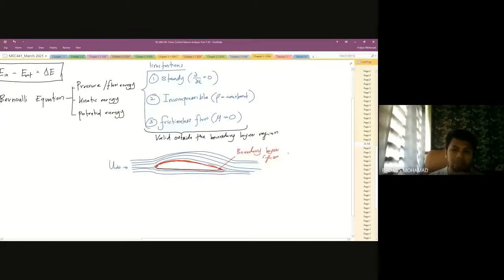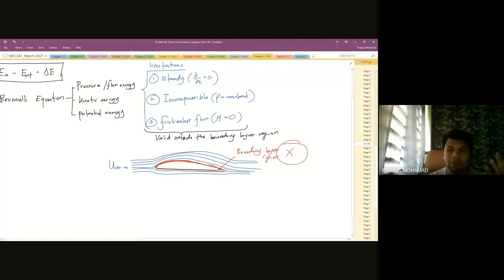Okay, why? Because within this boundary layer region, the flow is basically unsteady, and the flow is definitely turbulent. And there is friction between the wing or body and the air.